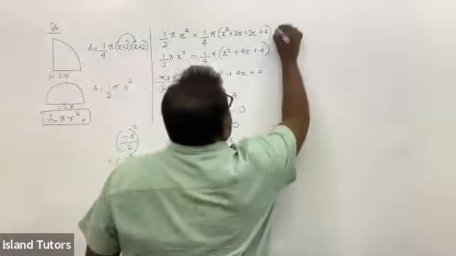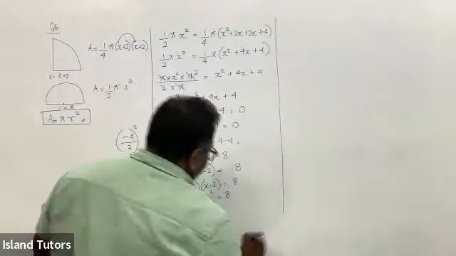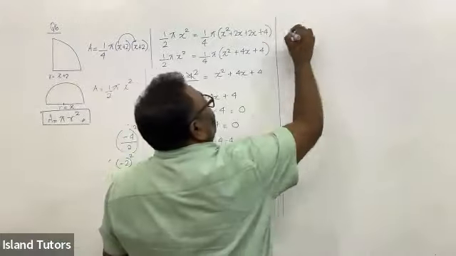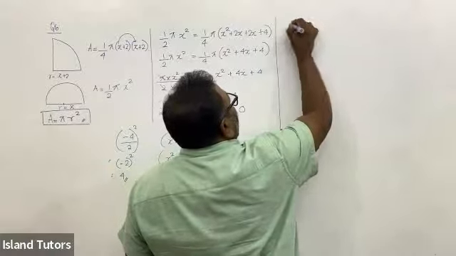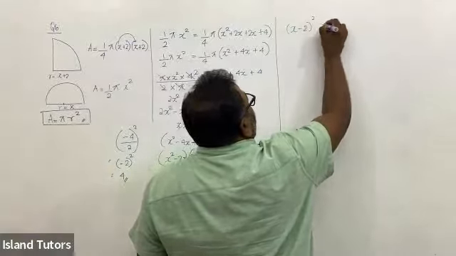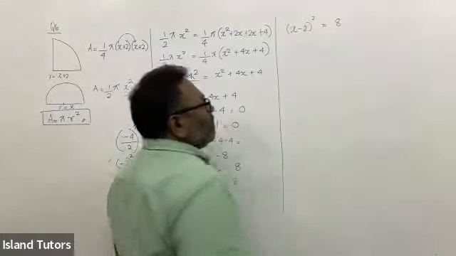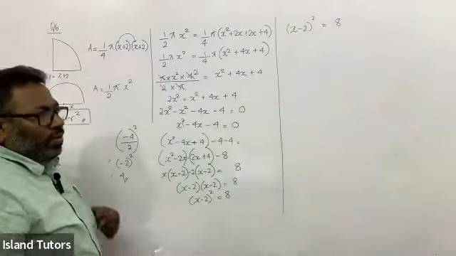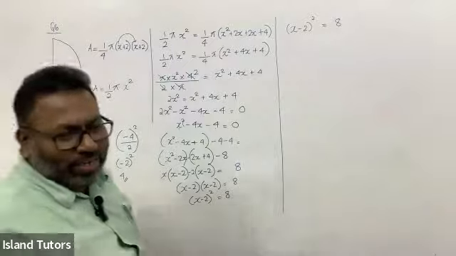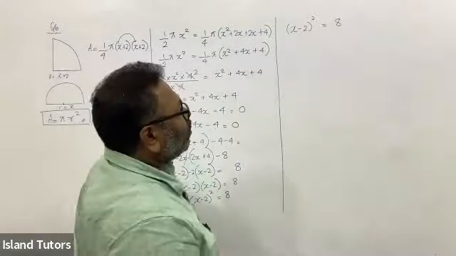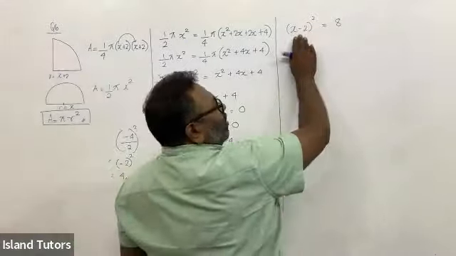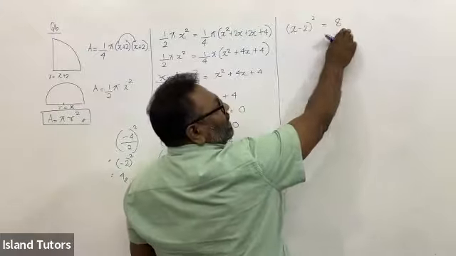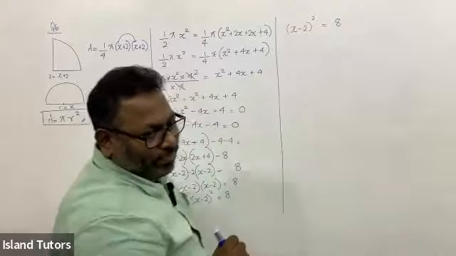Okay, I'm going to move it up here. So x minus 2 squared is equal to 8. Right? So we need to find the value of x. So what do you need to do? We need to square root on this side, square root on this side to remove the square.